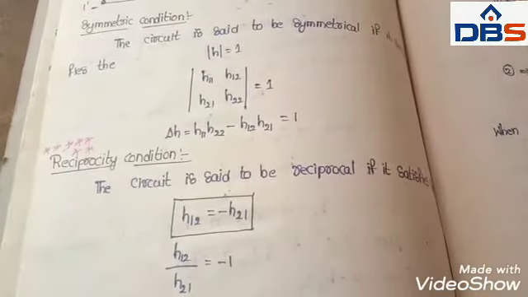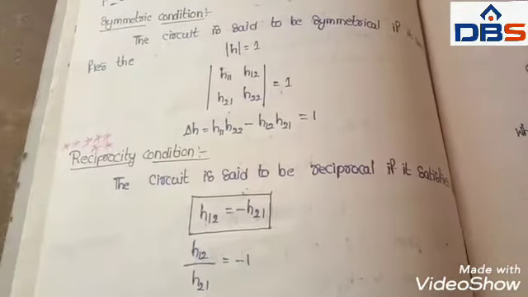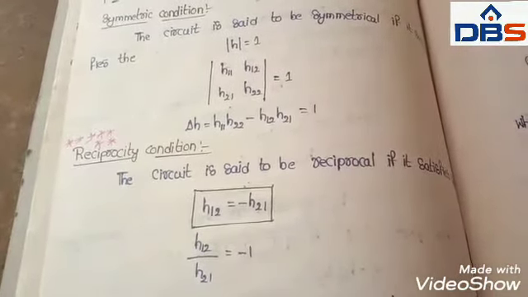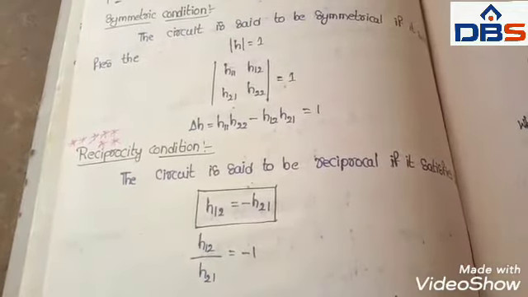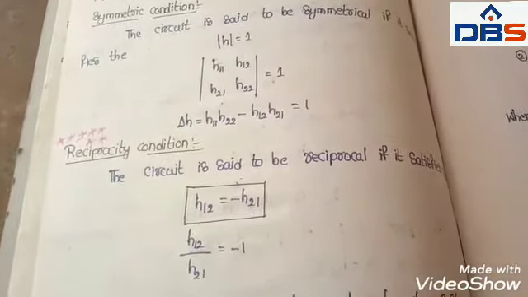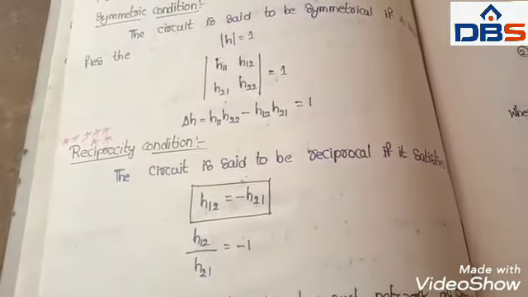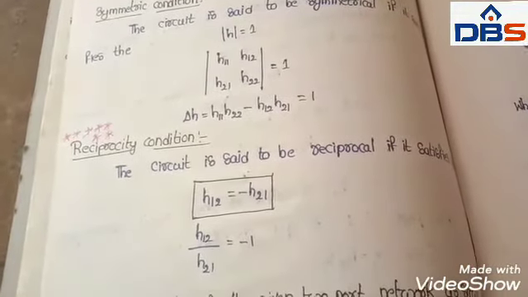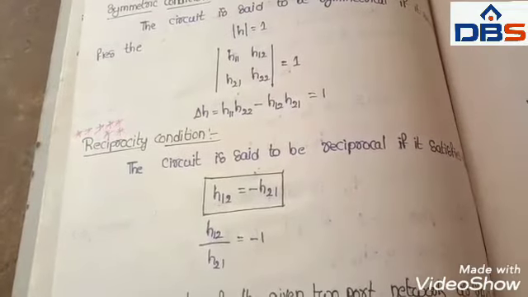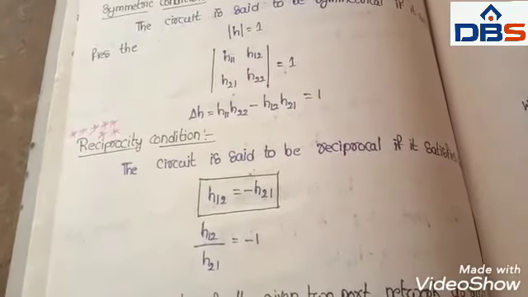ABCD parameters express the input parameters in terms of the output parameters, that is V1, I1 in terms of V2, I2, whereas H parameters express the input voltage and output current in terms of the input current and output voltage, that is V1, I2 in terms of I1, V2. Like that we have to determine.